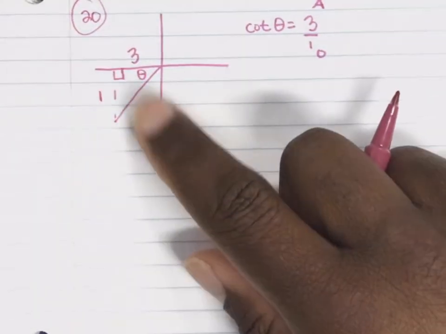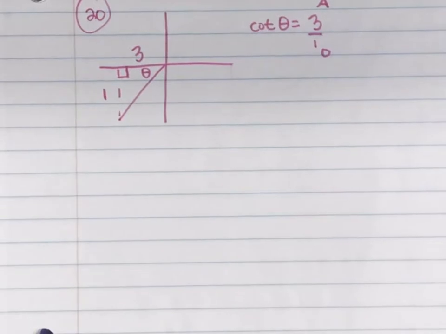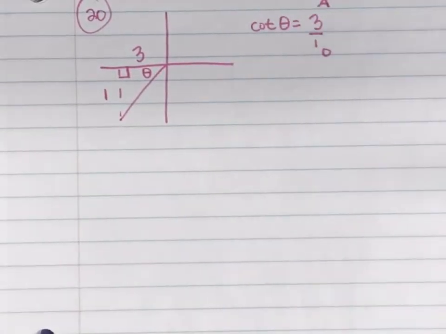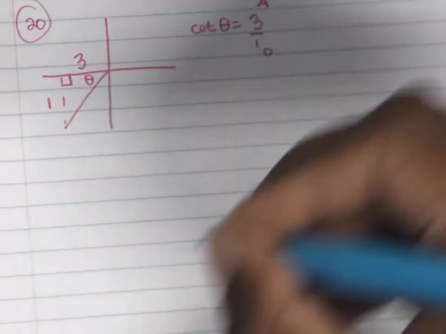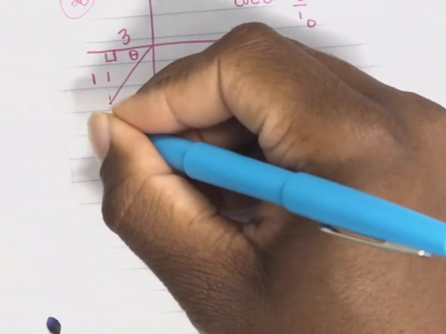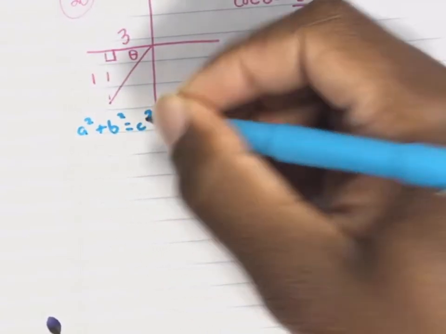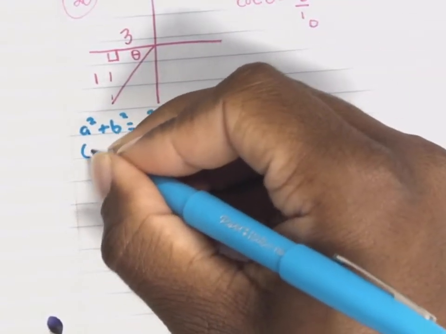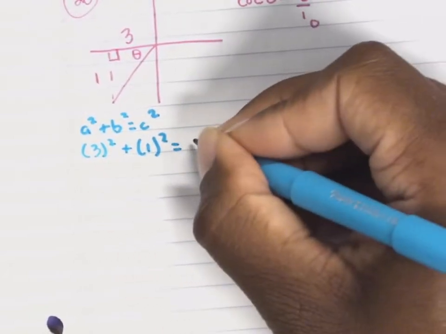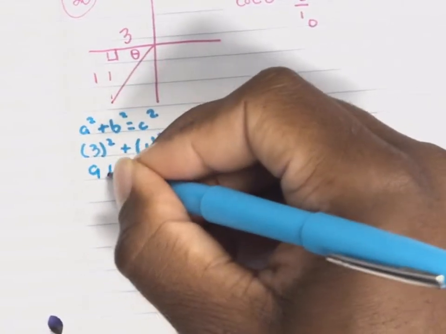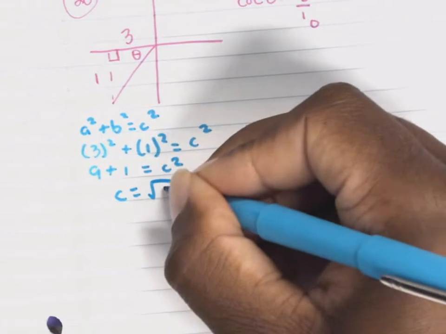So I want to find the hypotenuse of this triangle, which I think will be root 10. So let's see. Let's go right here. So I'll do a squared plus b squared equals c squared. 3 squared plus 1 squared equals c squared. 9 plus 1, c equals the square root of 10.